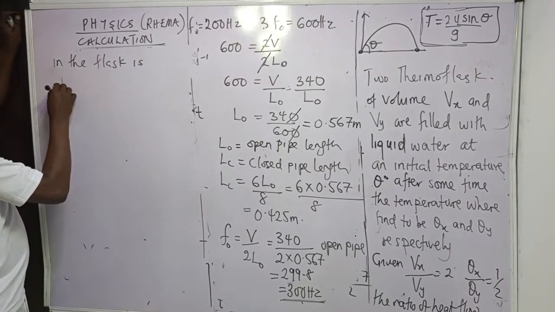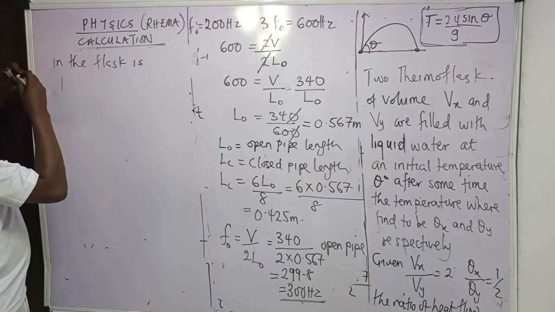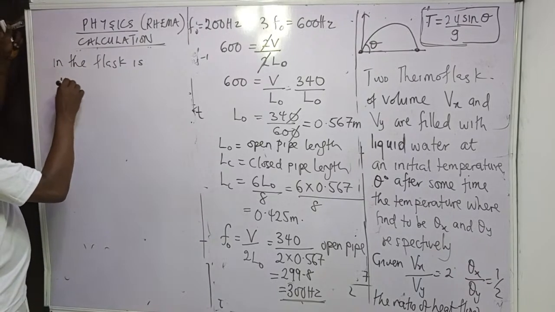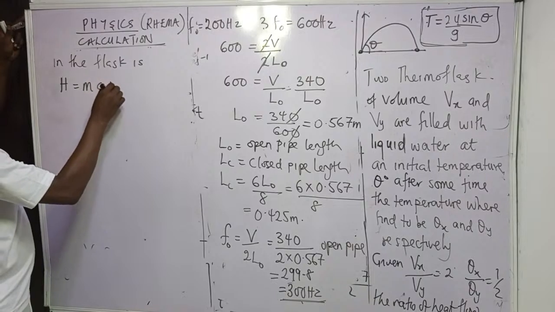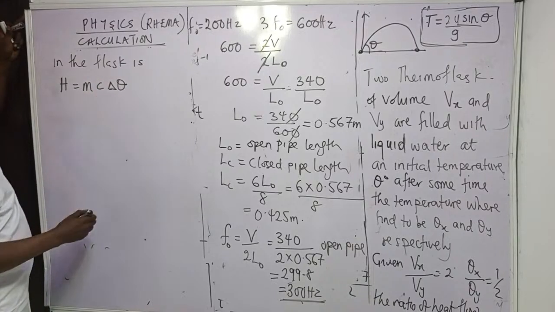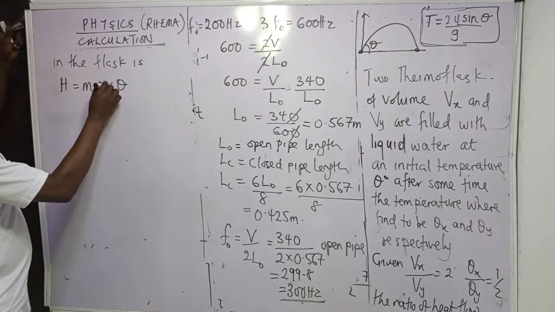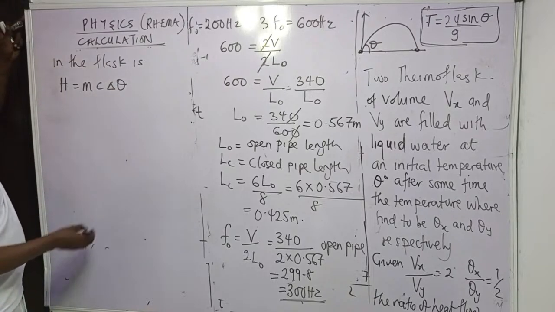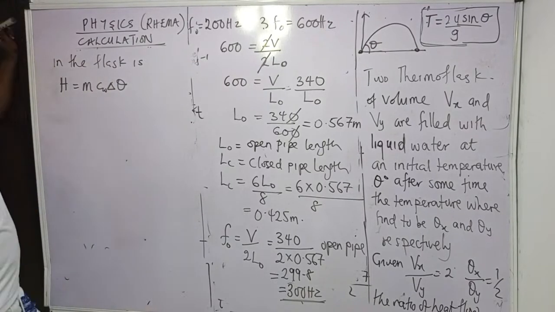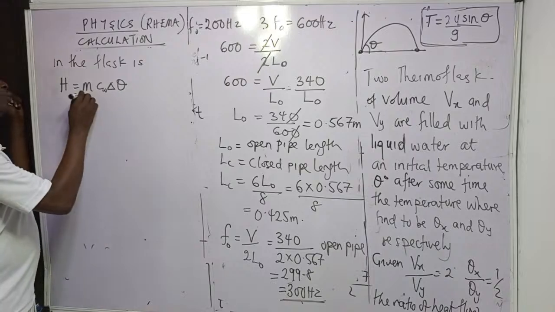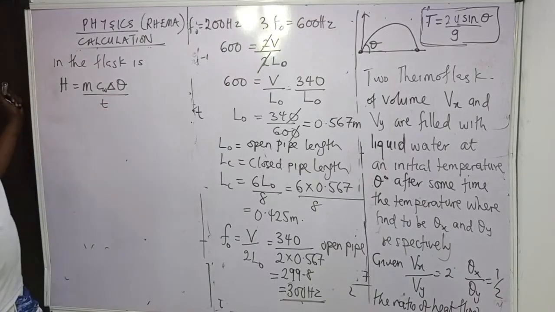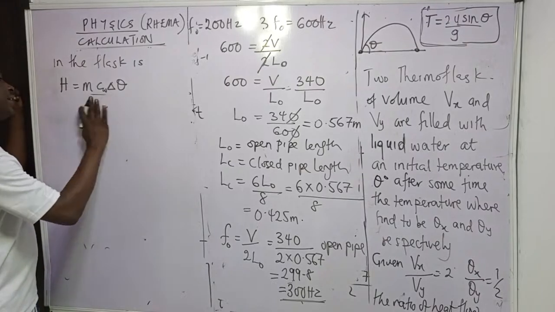First of all, the heat flow formula: heat flow is equal to MC change in temperature. Let me leave it like that, because the two flasks are filled with the same liquid water. They did not say rate of heat, so we leave it like this.